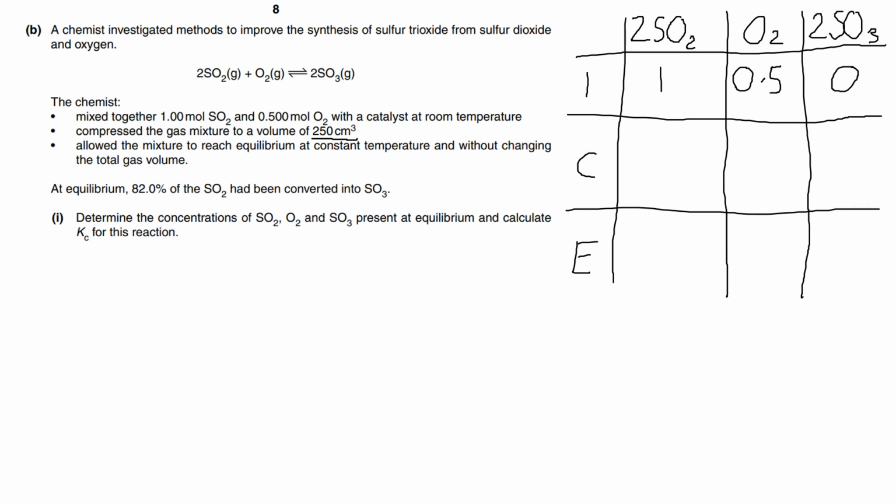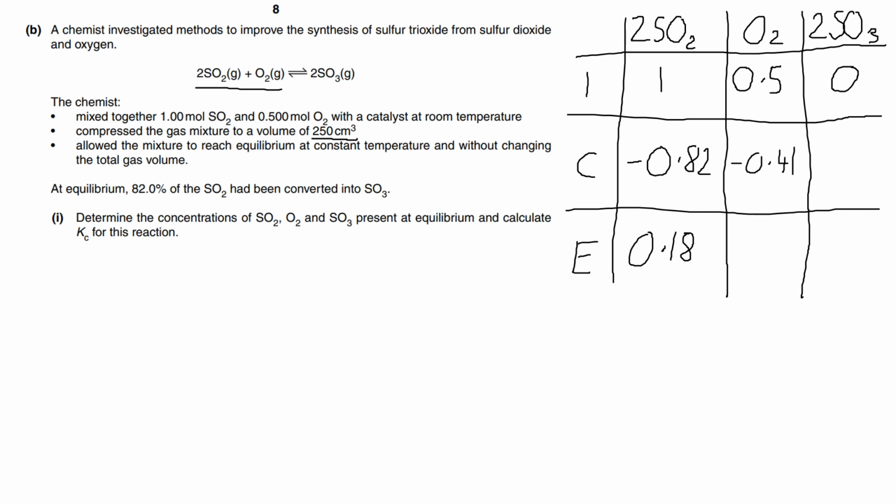So that means that the SO2 must, if it was 1 to start with, it must have gone down by 0.82, which is 82% of the 1 that it was initially. So if it started at 1 and it went down by 0.82, then you would be left with 0.18. Now the O2 must also have gone down, but it must have gone down by half the amount, because it's a 2-to-1 ratio, so it must have gone down by 0.41.